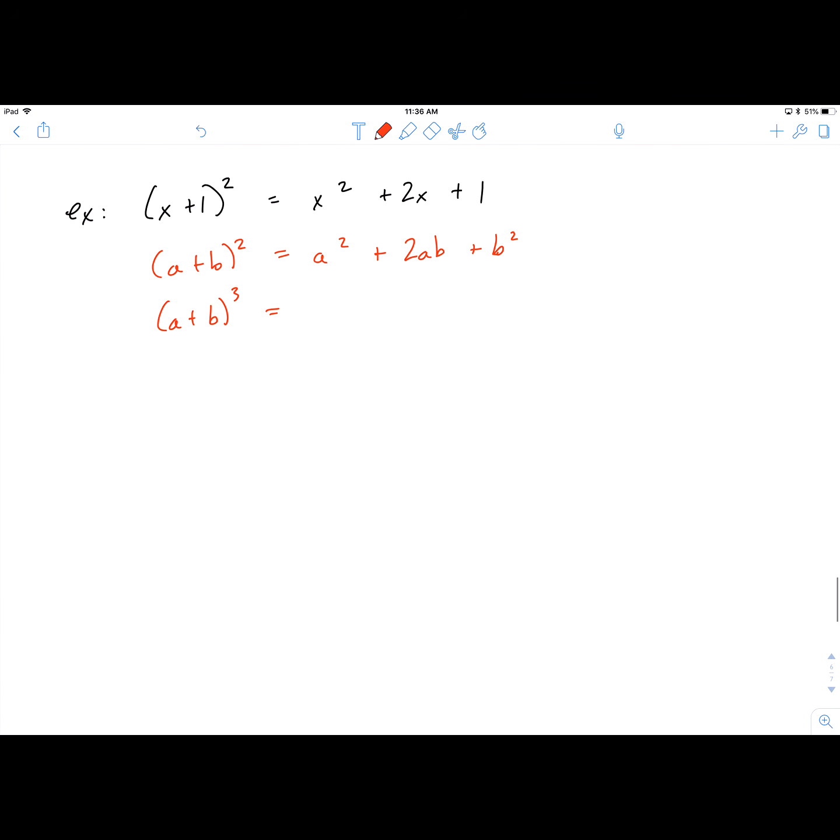What you'd eventually get would look like this: a cubed plus 3a squared b plus 3ab squared plus b to the third. Okay, so far so good.